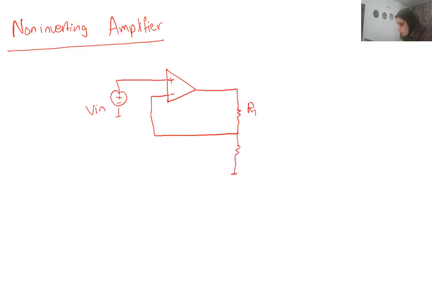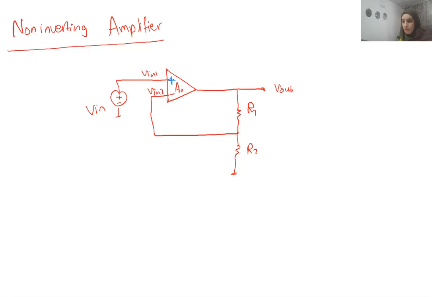This is R1, this is R2, and we have V out, with open loop gain of A0. This is Vn1 and this is Vn2. This amplifier is called non-inverting because the input is applied on the positive, or non-inverting, terminal of the amplifier. We will see that the inverting amplifier is basically when the input is applied at the inverting terminal. This is the naming convention that we are using.